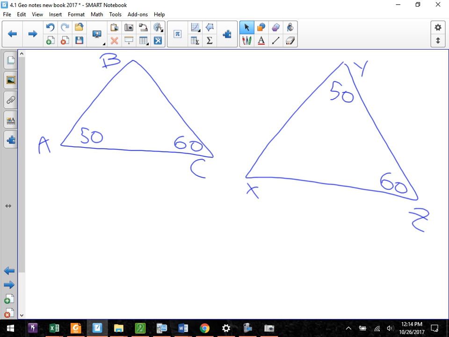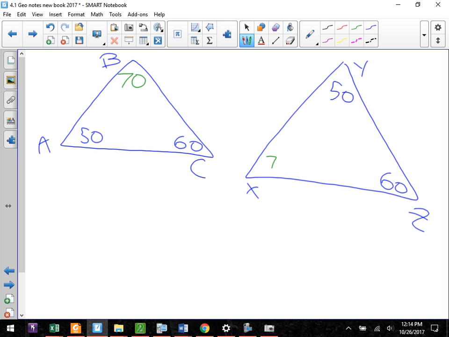So if I'm looking at those two triangles, I have a 50-degree angle, a 60-degree angle. How much is left then for angle B? Yes, that would be 70, okay. Same thing on the other side, what do you know? They have to be 70, okay.